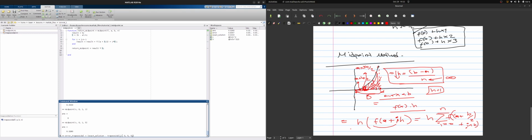This is the percentage error, as they call it in mathematics. So let's see error trapezoidal, 0.5 in 5 steps.